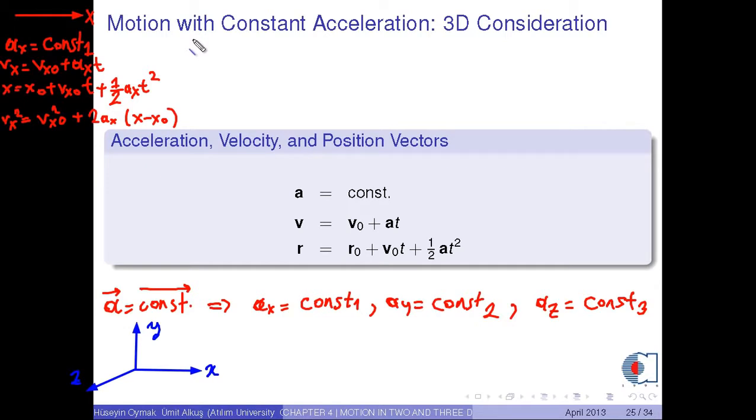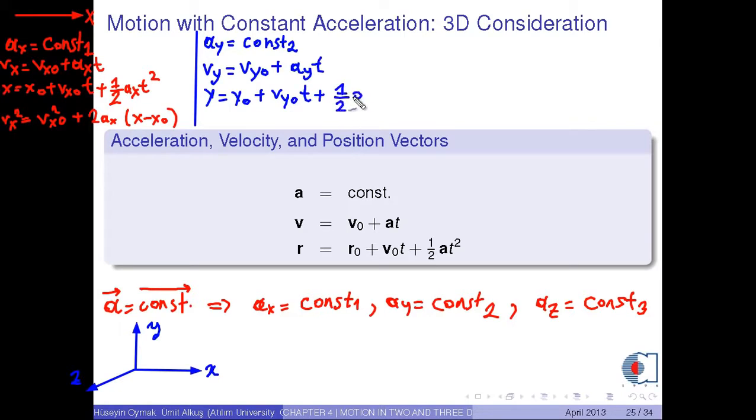Therefore, we can write sets of equations for the parts of the motion on the y and z axes, similar to what we wrote for the x-axis. We say that ay equals constant 2, vy equals vy0 plus ay t, y equals y0 plus vy0 t plus 1/2 ay t squared, and vy squared equals vy0 squared plus 2ay times (y minus y0).